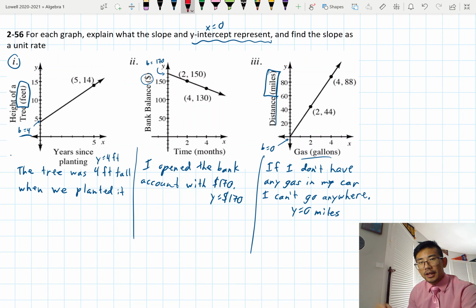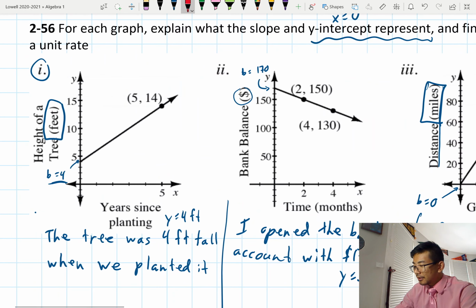If we look at the slope now, let's actually calculate the slope. I always need 2 points for the slope. On here, it looks like I only have one, (5, 14), but I also have the y-intercept right there. So my delta y, I could just draw on the graph here.